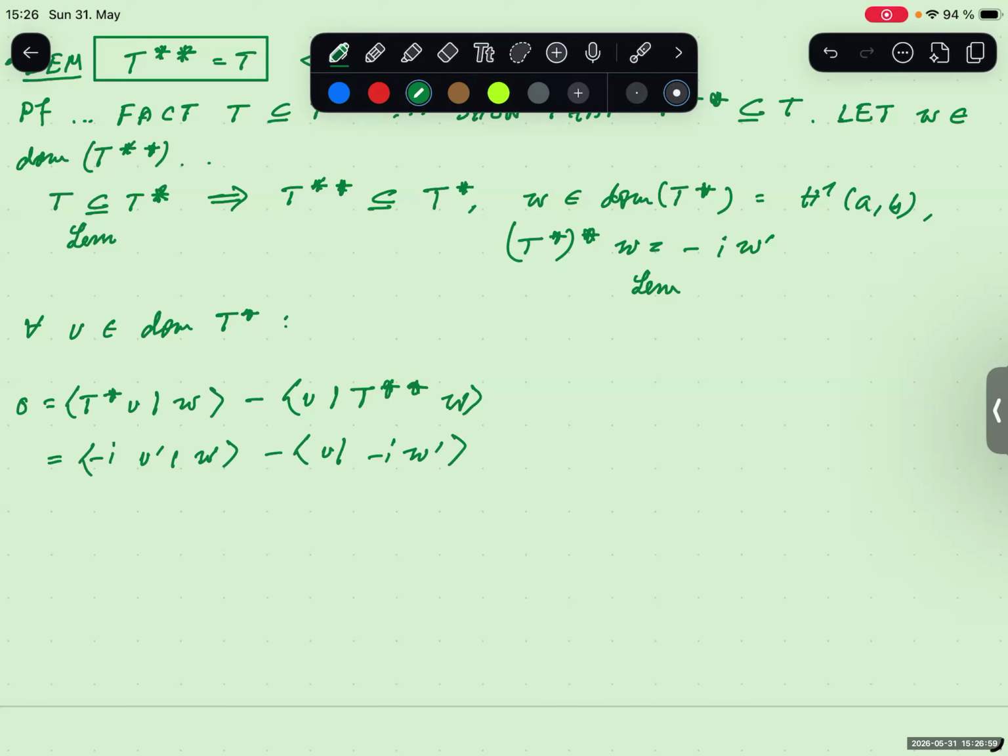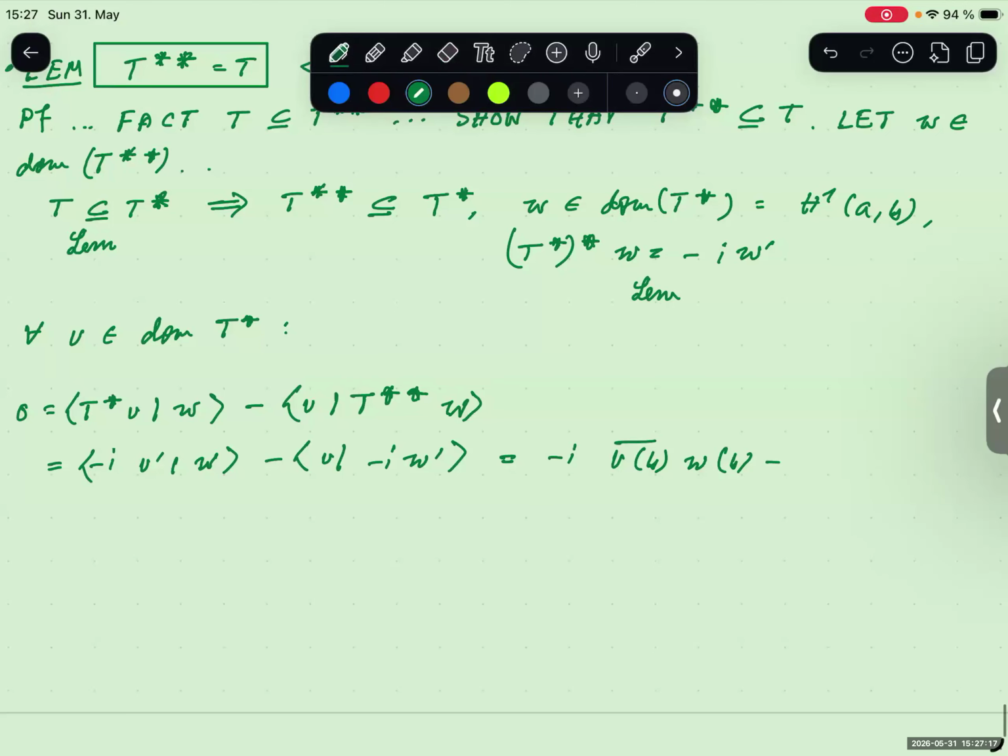And this is nothing but minus I times V of B, W of B minus V of A, complex conjugation, W of A, whole bracket.